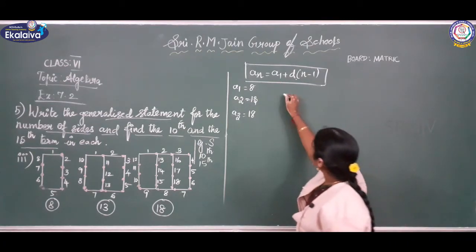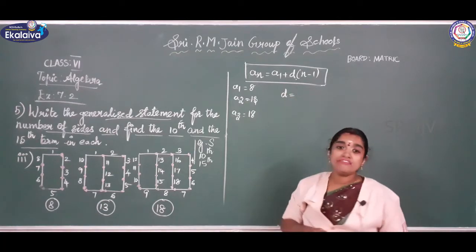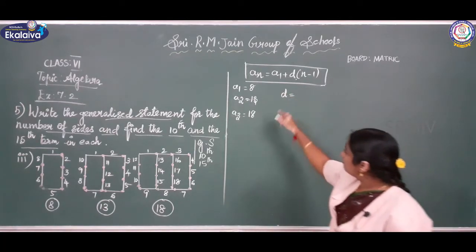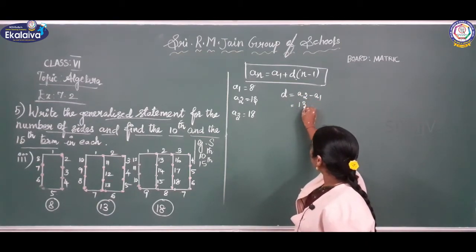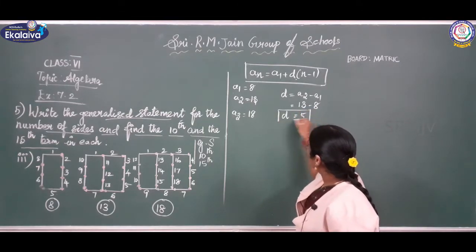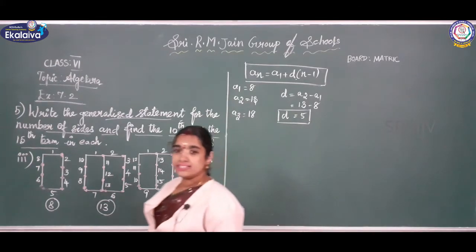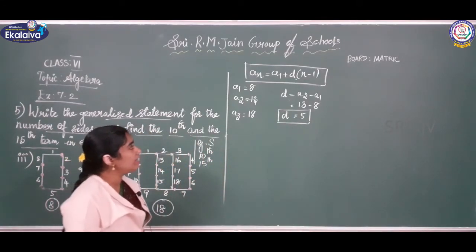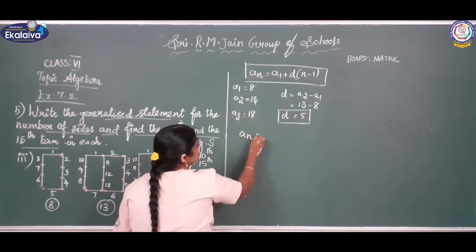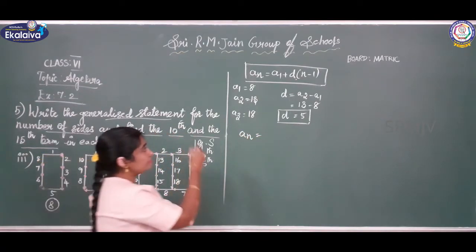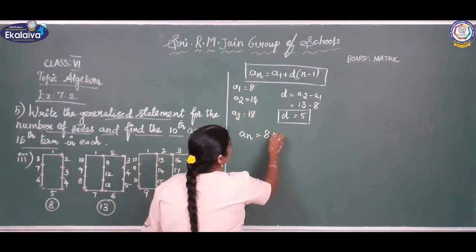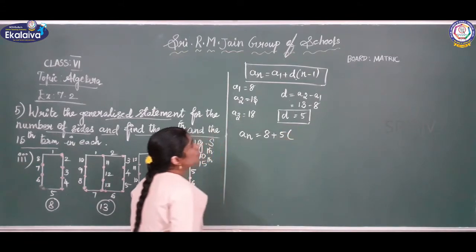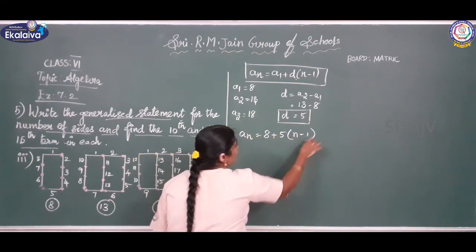Now what is d? d means difference. What is the difference, a2 minus a1? 13 minus 8, which is 5. So my difference is 5. Is it clear, children? Now listen, an is equal to a1, the first term, 8, plus d, which is 5, into n minus 1.